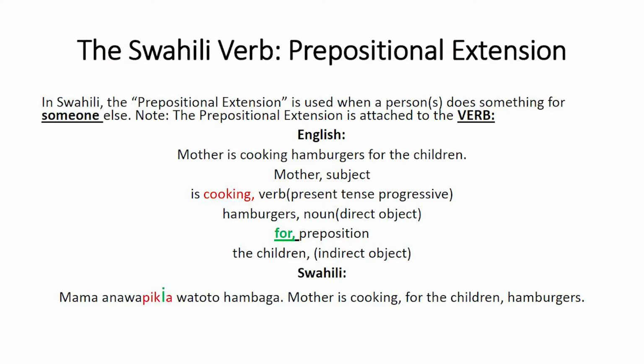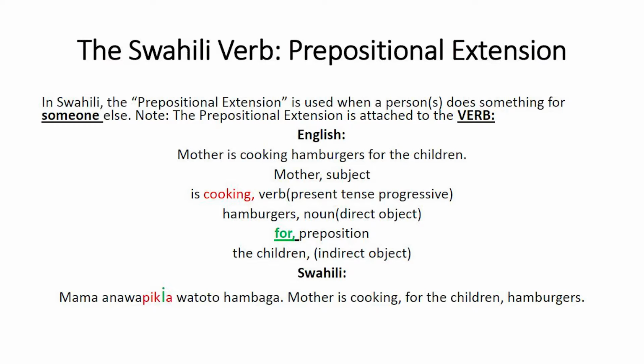So when you look at the sentence closely, you have ana wa, the wa in the verb anawapikia. The wa goes with watoto, children. So the sentence had to be changed around to accommodate that requirement. So again, mother is cooking for the children hamburgers. Mama anawapikia watoto hamburger. Okay, let's go on.